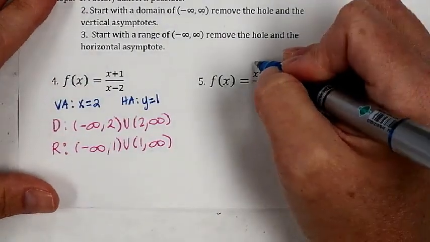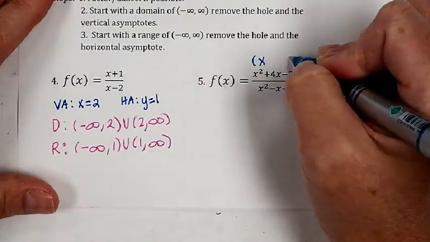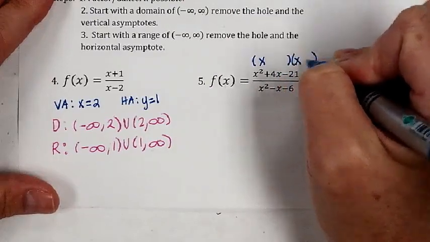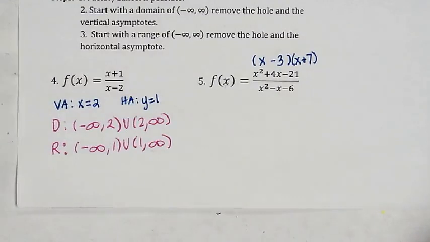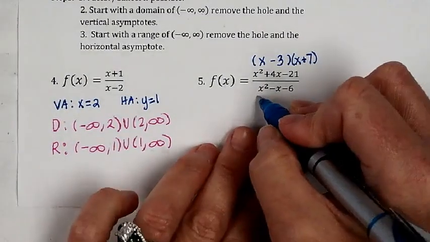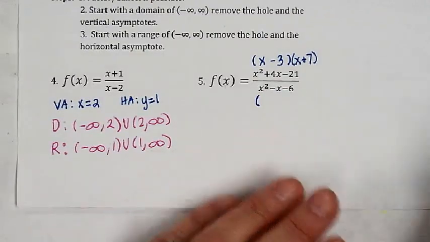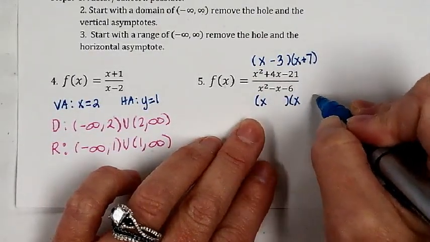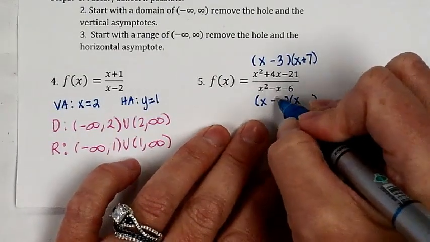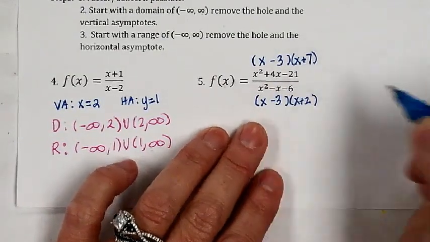The only factors in 21 are 3 and 7, or 1 and 21. And for the bottom, x minus 3, x plus 2. So we share x minus 3. So a simplified equation here would be x plus 7 over x plus 2.